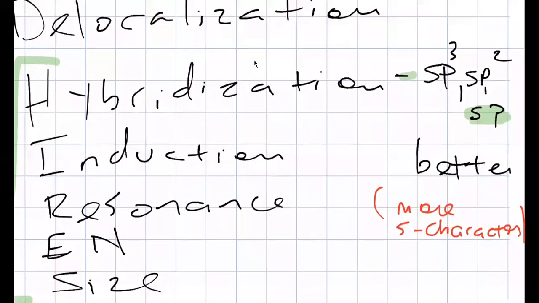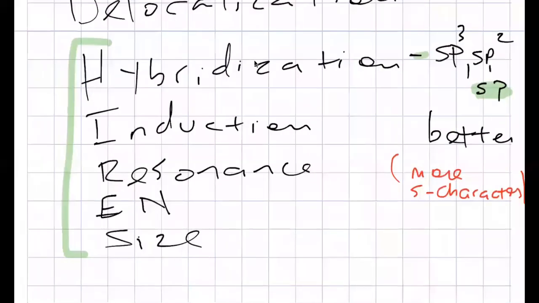So an atom that's sp hybridized has more s character and it can handle a charge better, right? We already know about what resonance is. What is resonance? Give me your definition.